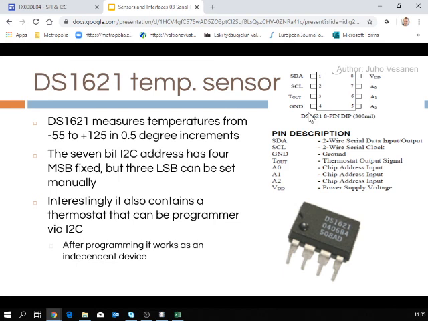You can use it as a temperature sensor, but there's also an internal comparator where you can write the value, and if the temperature goes higher than that, there's a line to drive, for example, a transistor to turn on either ventilation or heat or whatever, or just turn on the light.